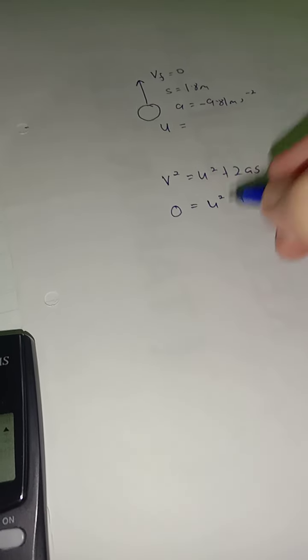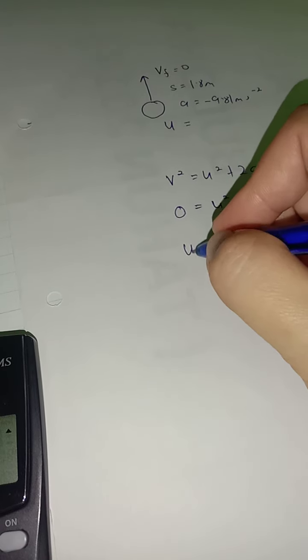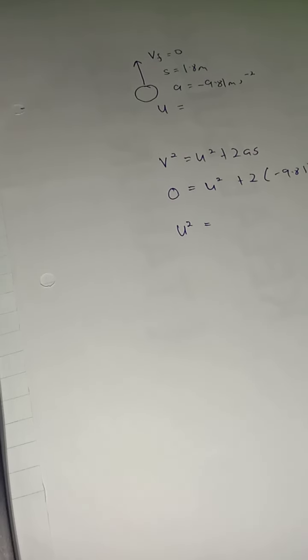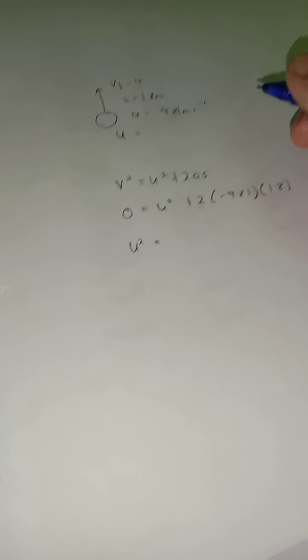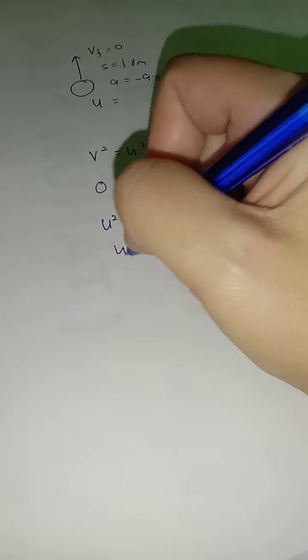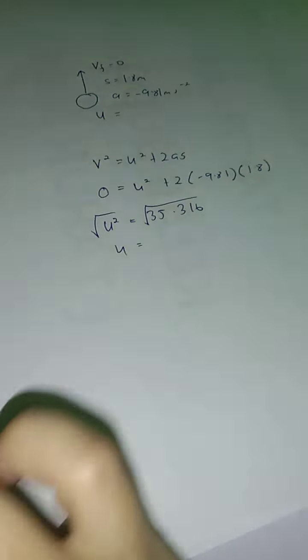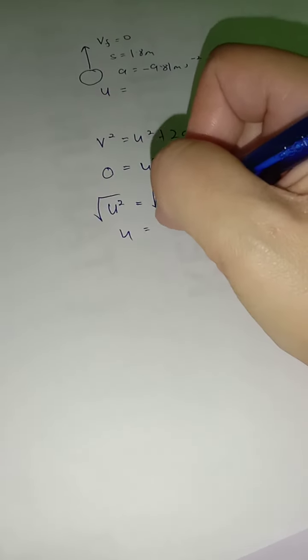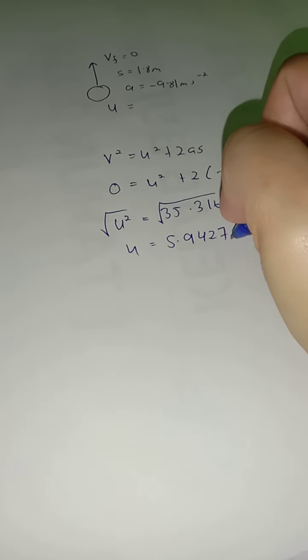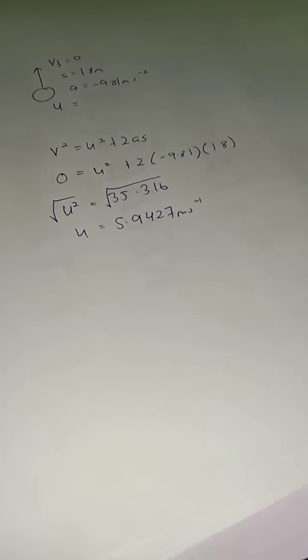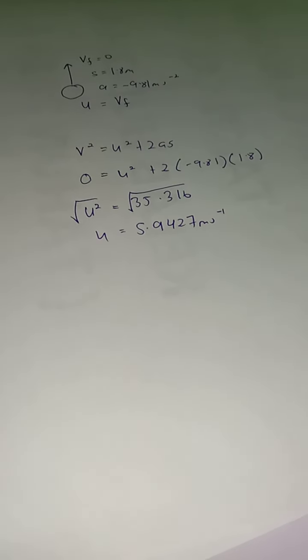So my U squared will be 35.316, and when I square root it, it becomes 5.9427 m/s. So this U here is actually our V final.